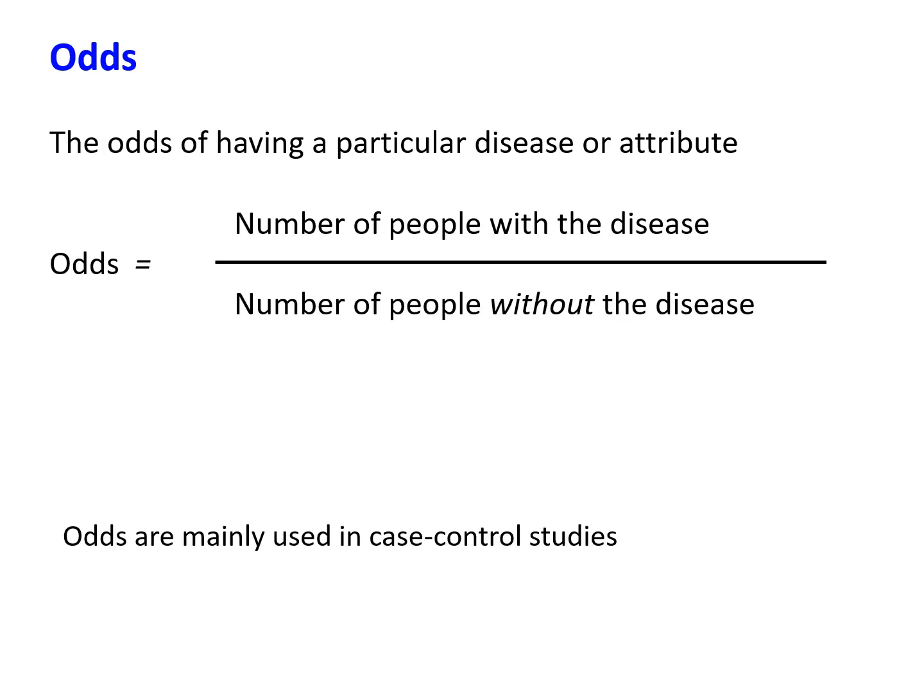So next, the odds. The odds of having a particular disease or attribute is given by the number of people with the disease as the numerator and the number of people without the disease as the denominator. Now, odds are mainly used in the context of case control studies.